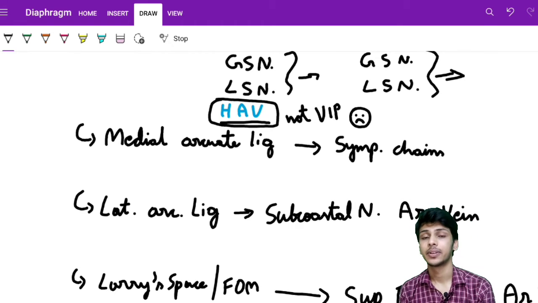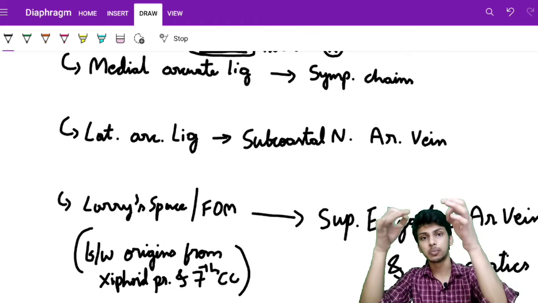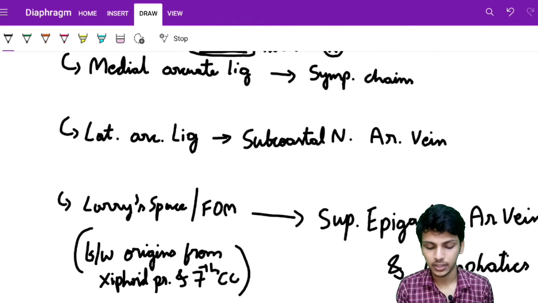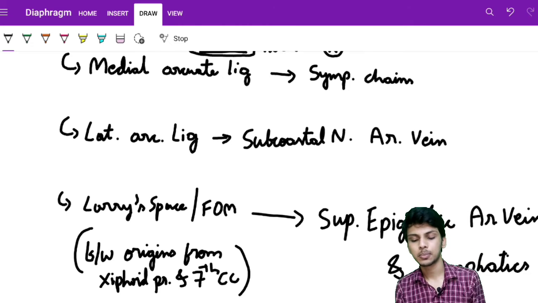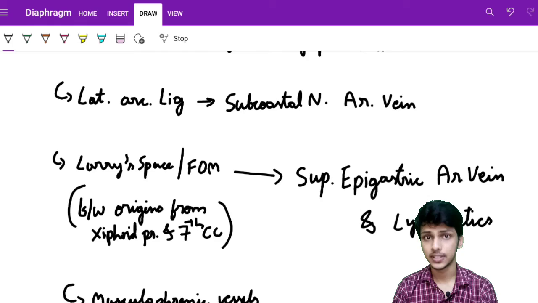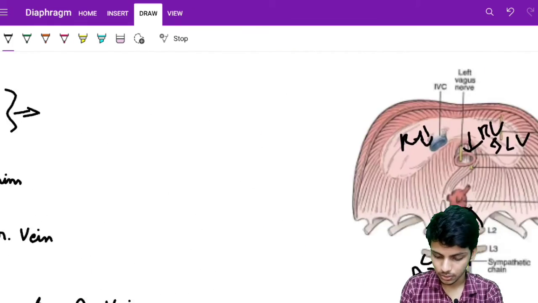Then there is the medial arcuate ligament. We just studied it was over the psoas major muscle. Sympathetic chains from both sides go through the medial arcuate ligament. From under the lateral arcuate ligament, what goes? There is the subcostal nerve and vessels, subcostal nerve, artery, vein. Then see, we'll just draw this.